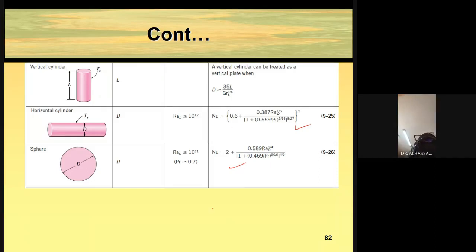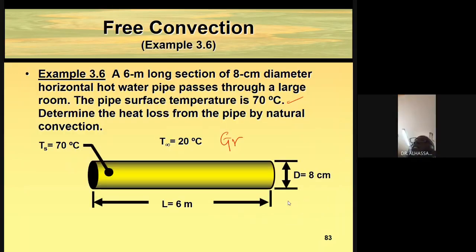And if you find Nu, then you equate it to Nu equals hD divided by k. This is what you use to find the value for h. And if you get the value for h, then you can use it to find hAΔT, which is the convection heat transfer. That is all for both natural and forced convection situations.